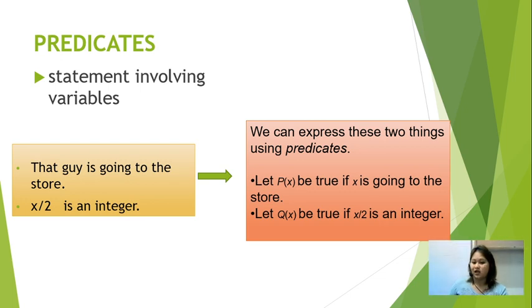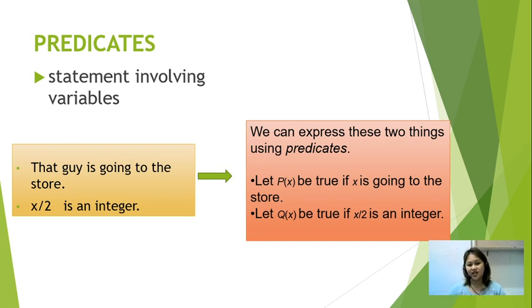So, yun po siya. So you can only say that the value or the statement is true or the proposition is true if you already set values to the x. Okay, so it depends on the variable that you're going to use, by the way.